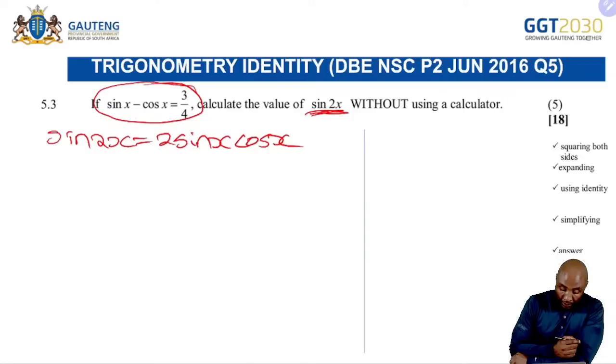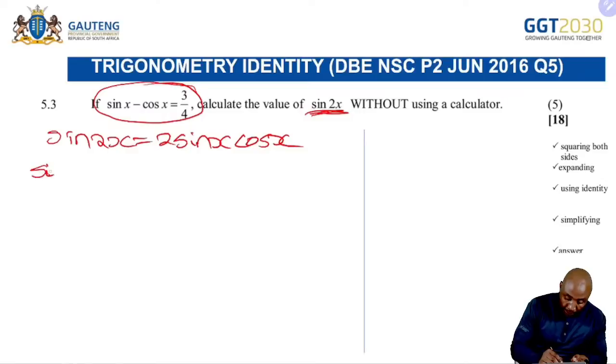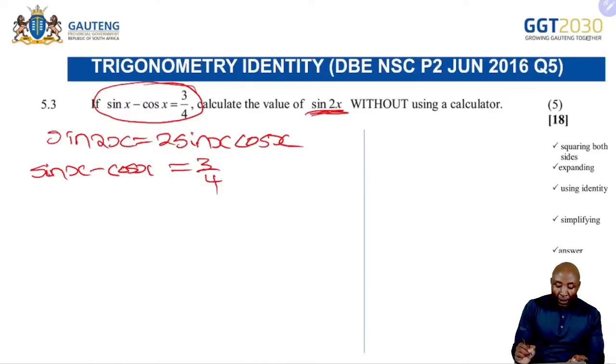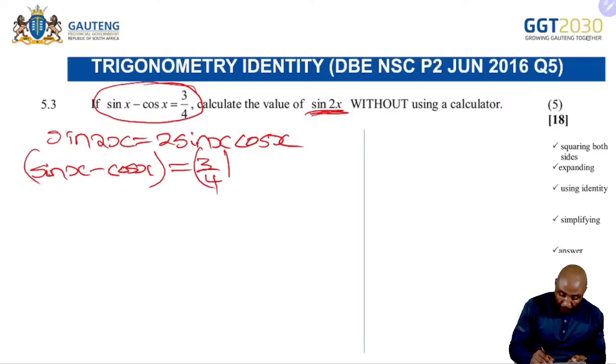If you multiply by 4 throughout, it will complicate your life. So the easiest thing, let's square both sides and see what happens.